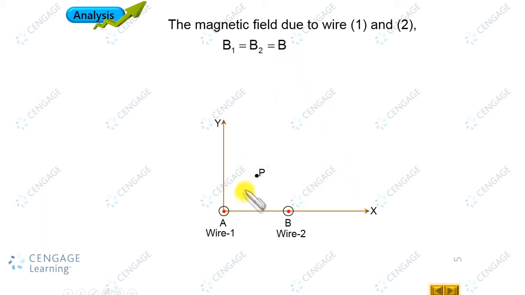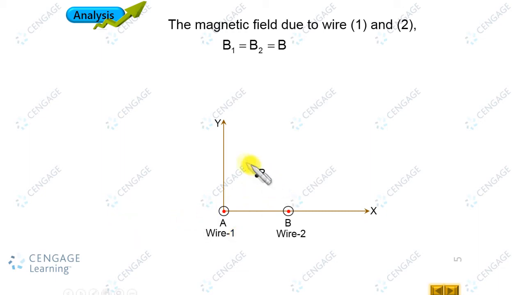Now let us find the direction of the magnetic field at point P. We know magnetic field lines will be circular, passing through point P and centered at A, and from the right-hand thumb rule we can find the direction sense of the magnetic field. That means if we stretch the right-hand thumb in the sense of the current, the curling of the fingers will give the direction of the magnetic field.